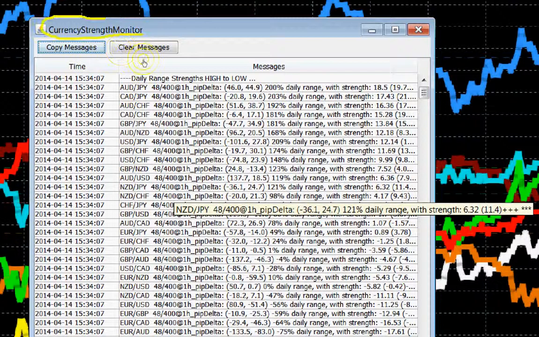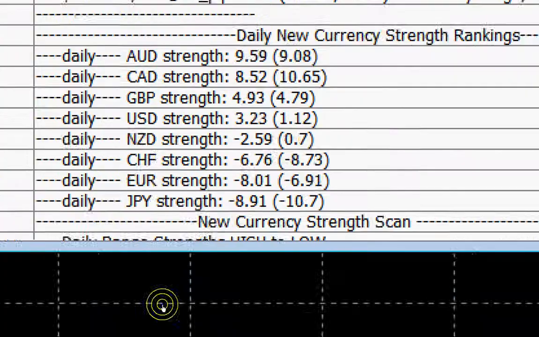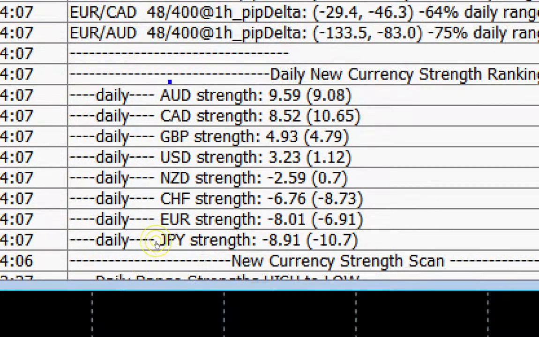This is running in the JForex platform, and it is looking at various things with respect to the currency pairs, the 28 currency pairs. But the currencies themselves are here. So we have the Australian dollar, CAD, pound, US dollar, New Zealand, Swissy, euro, and yen.